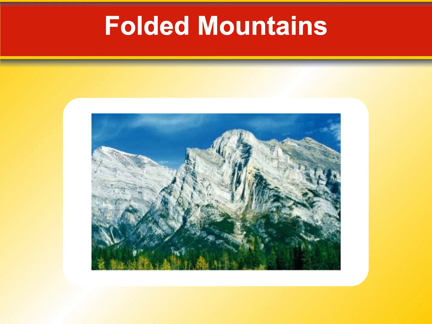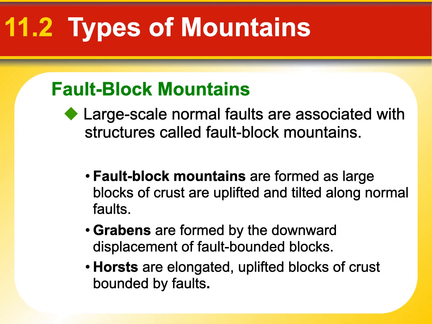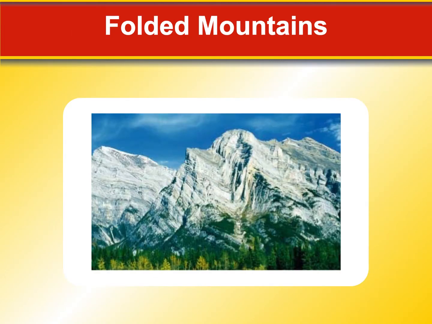Another group of mountains is known as fault block mountains. Now, fault block mountains are typically formed in rift valleys, so where plates are pulling apart, whether it's oceanic plates or continental plates. Now, that's pretty different than, let me just back up a second here, a folded mountain.